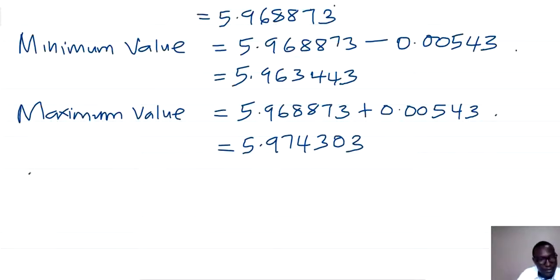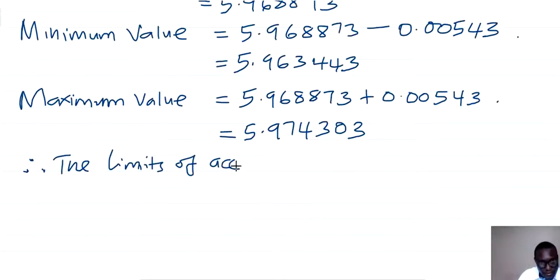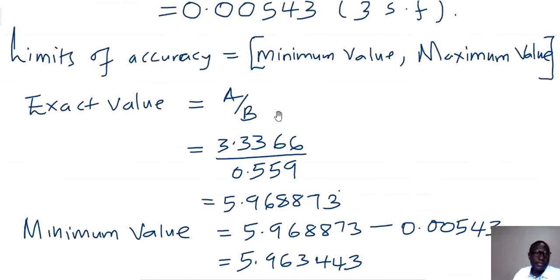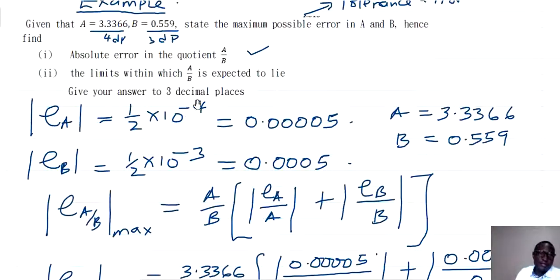So therefore, the limits of accuracy: we start with the minimum value, but remember the degree of correction given to us, they needed it to 3 decimal places.